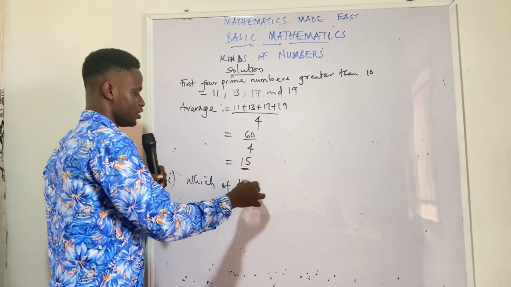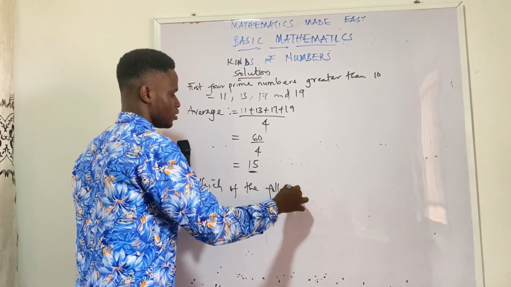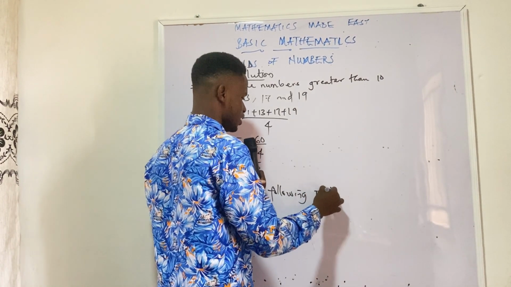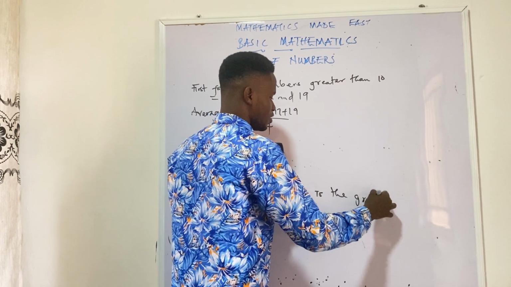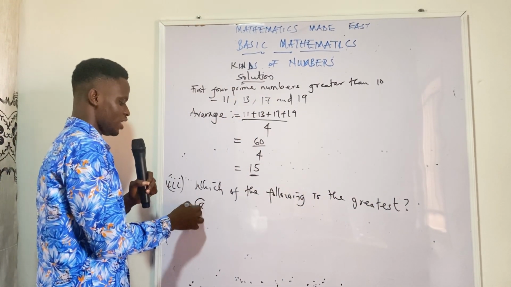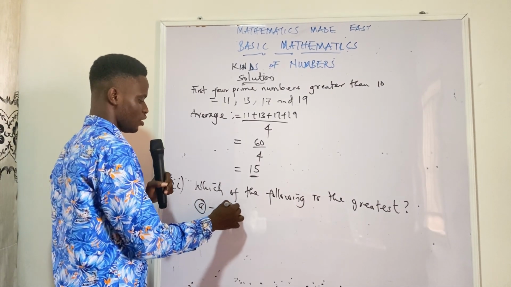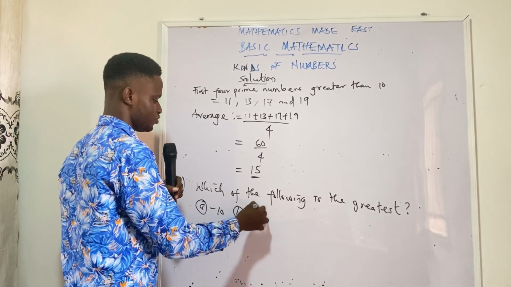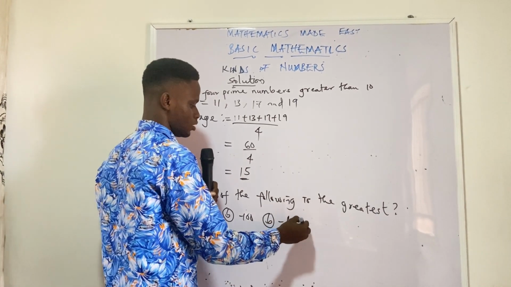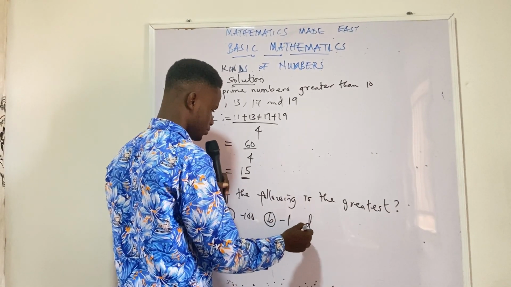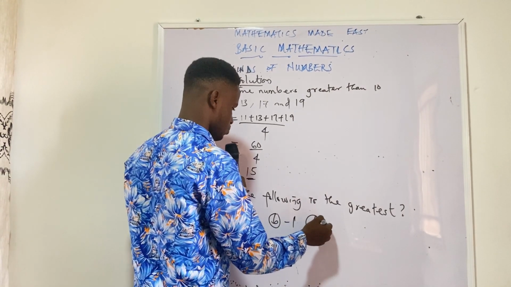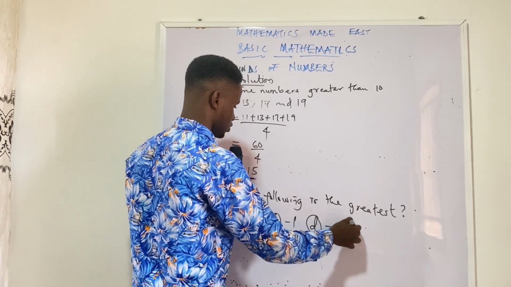Which of the following is the greatest? You can say option A minus 10, option B minus 1, option C minus 100, option D minus 1000.